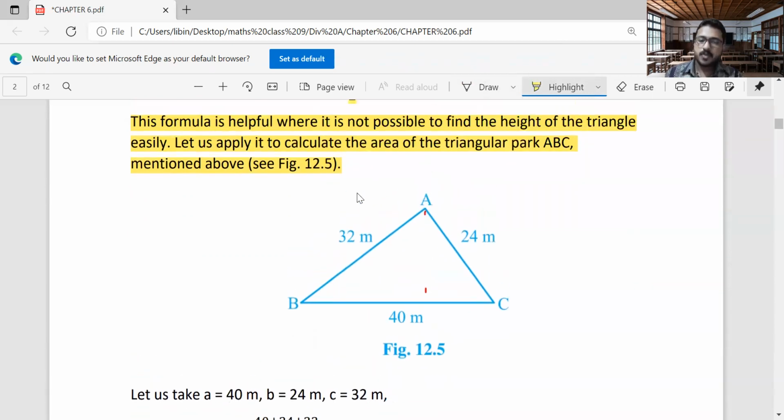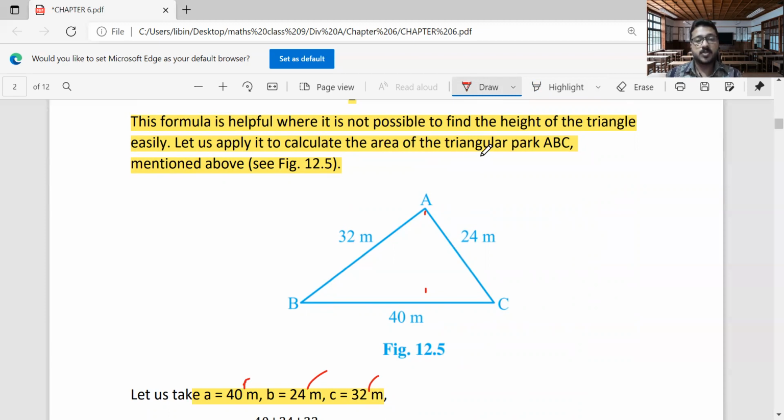So we can make use of Heron's formula. Let us take a equal to 40 meter, b equal to 24 meter, and c equal to 32 meter. First of all, in order to use Heron's formula, all of you should find the perimeter of the triangle. You know that the perimeter means just adding all the three sides.